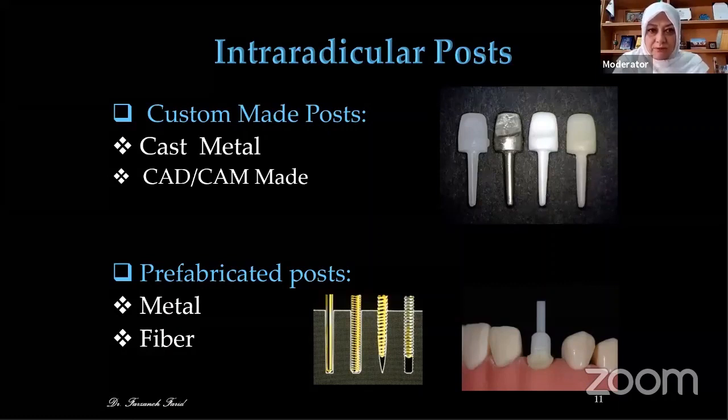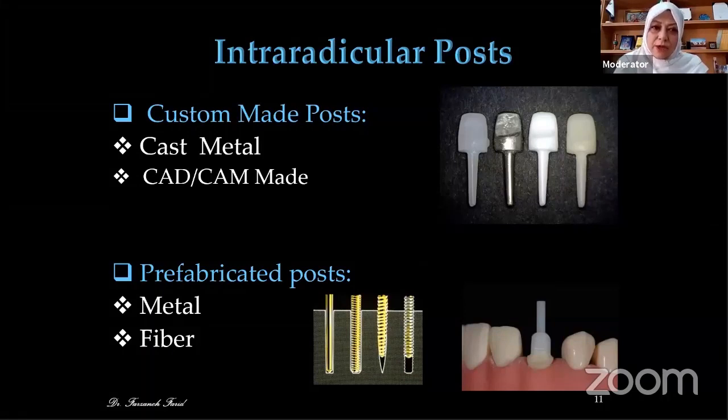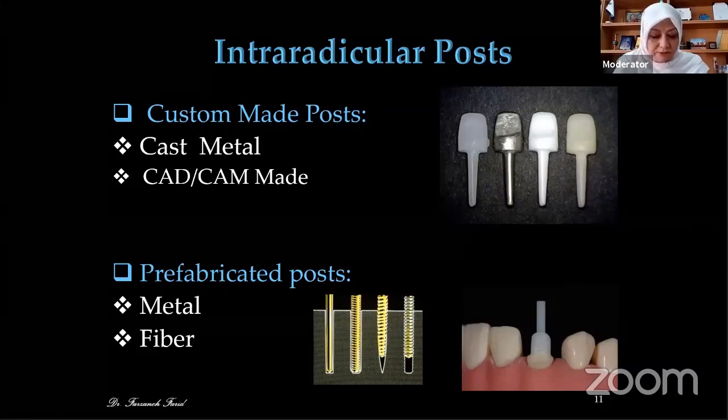However, for making and cementing a custom-made post and core, you need 2 sessions. One session for fabrication of the post and core pattern, and the next session for cementing the cast or CAD/CAM made post and core.